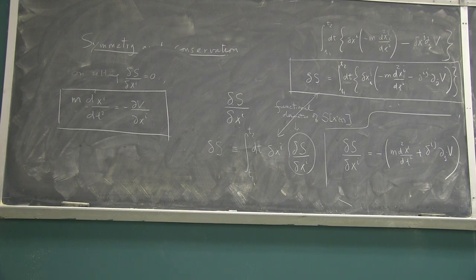Okay? So the Lagrangian formulation is not exactly mathematically equivalent, but the results of the Lagrangian formulation of classical mechanics yield exactly the same results as starting from Newton's laws of motion. Okay, and we have shown that explicitly.